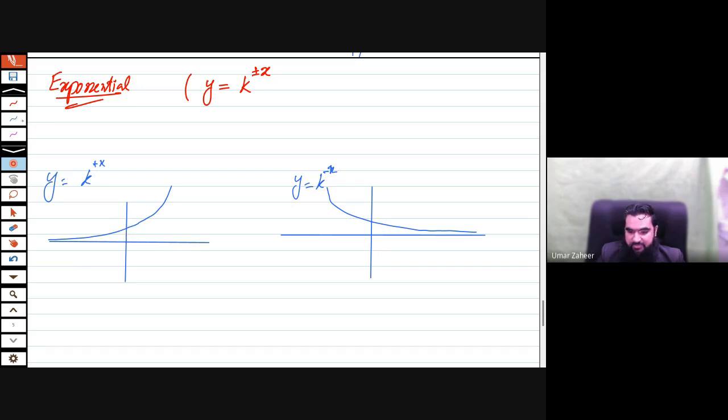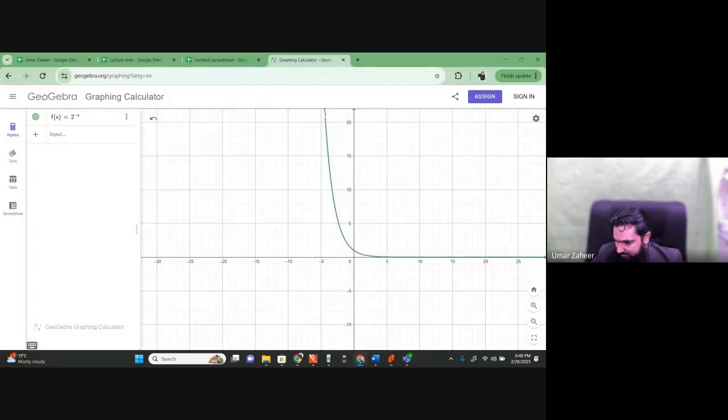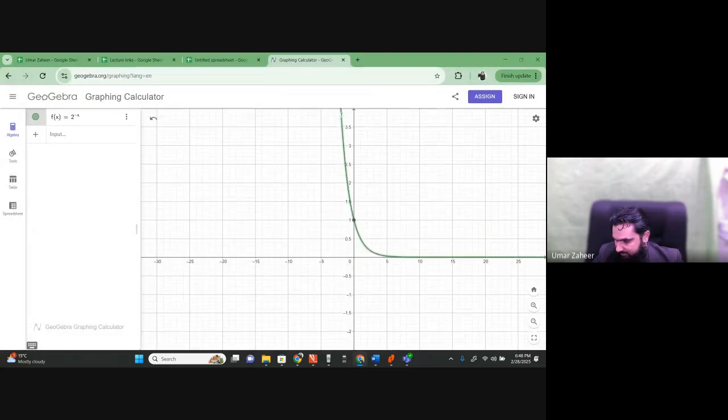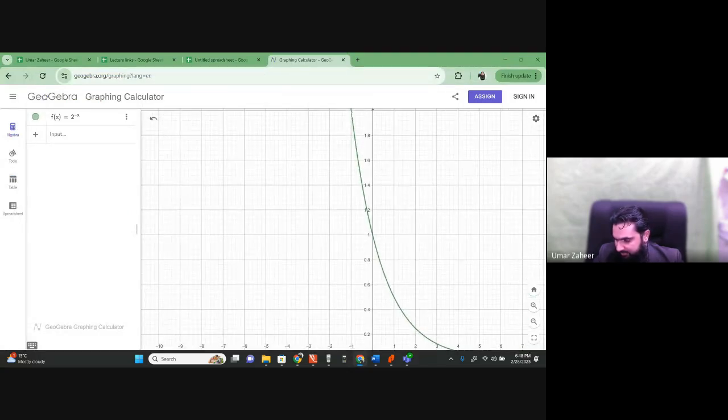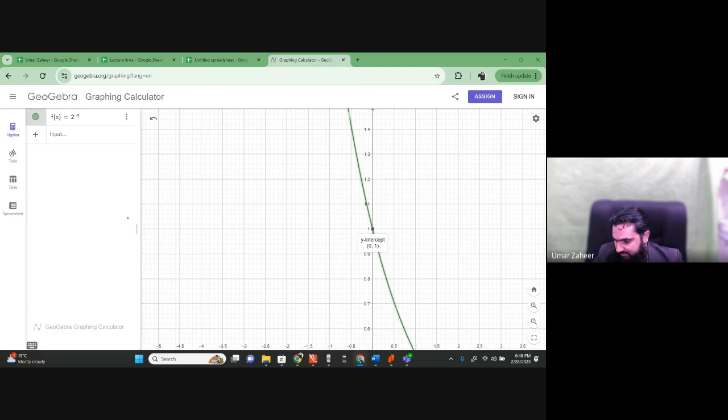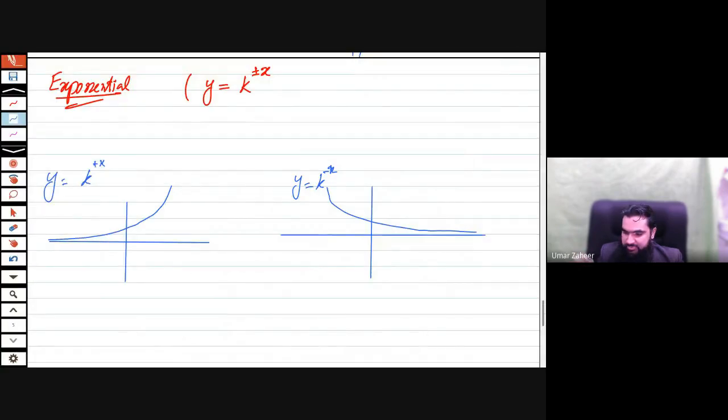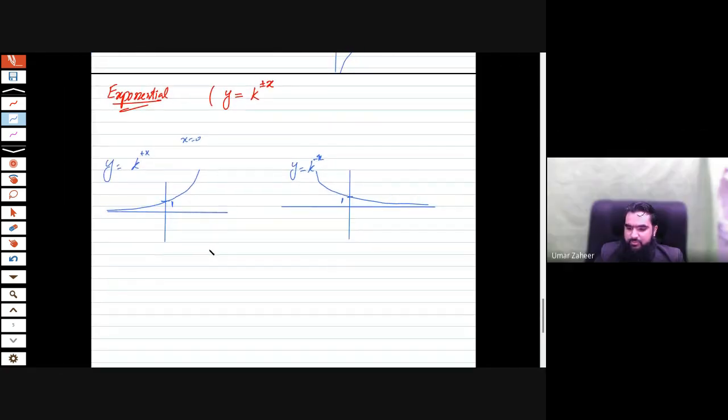It just passes through 1. This graph always passes through 1 because when you substitute x is equal to 0, any number having a power 0 will always be 1. You don't need to show anything else.